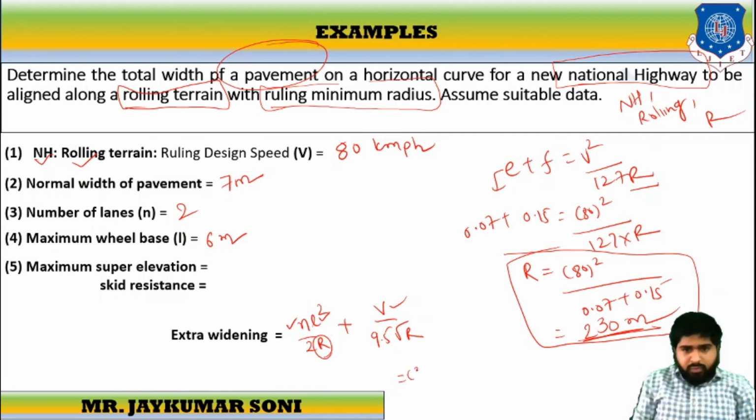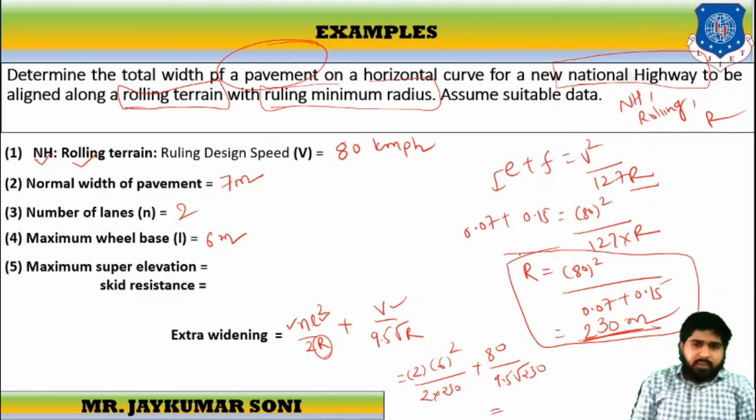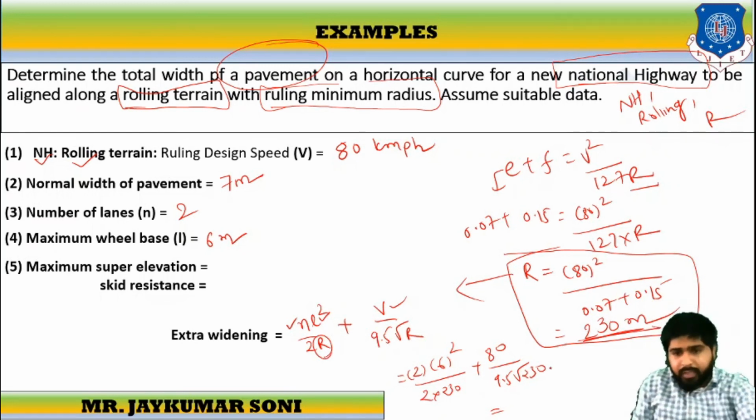N stands for 2, L stands for 6 square, 2, 230, plus 80, 9.5, root 230. If you calculate, I have just put these values over here. Tell me what is the extra widening that you are getting over here. It will be 0.712 meter.